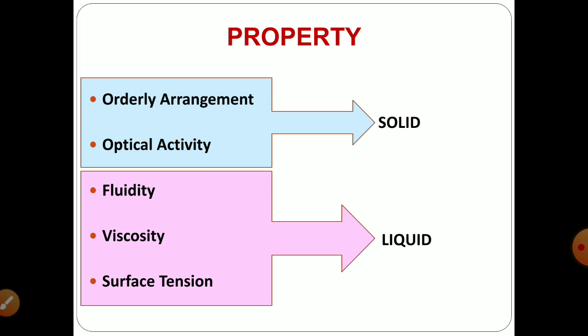The properties of liquid crystals are orderly arrangement and optical activity like solids, and some properties of liquids like fluidity, viscosity and surface tension. So you can say that the properties of these liquid crystals are some of the properties of solids and some of the properties of liquids.